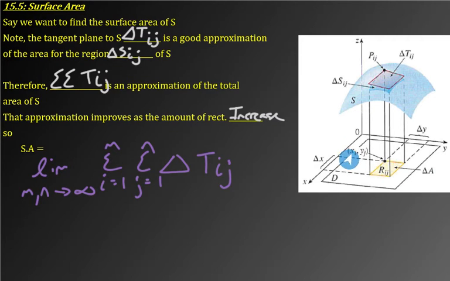We're splitting x up into subintervals and y up into subintervals; no, I had that the other way. m is x, and n is y. But the point is, sum over all the little squares, make them really small, and you get a really good approximation. And so we should get a good surface area.